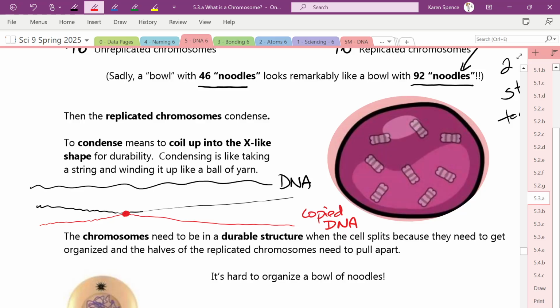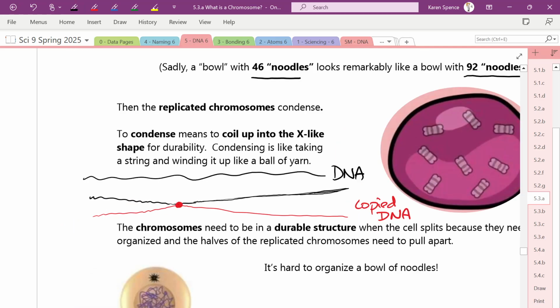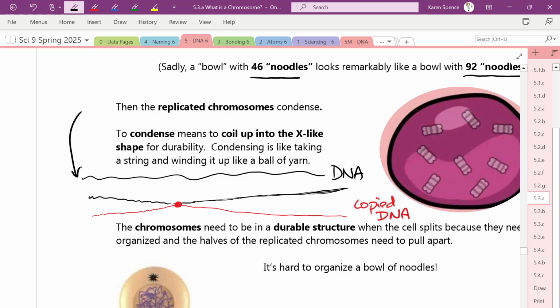You have the copied DNA, where it has two copies, that is also just called a chromosome. So it doesn't matter whether you have an unreplicated strand of DNA or a replicated strand of DNA, they are both just called one chromosome.